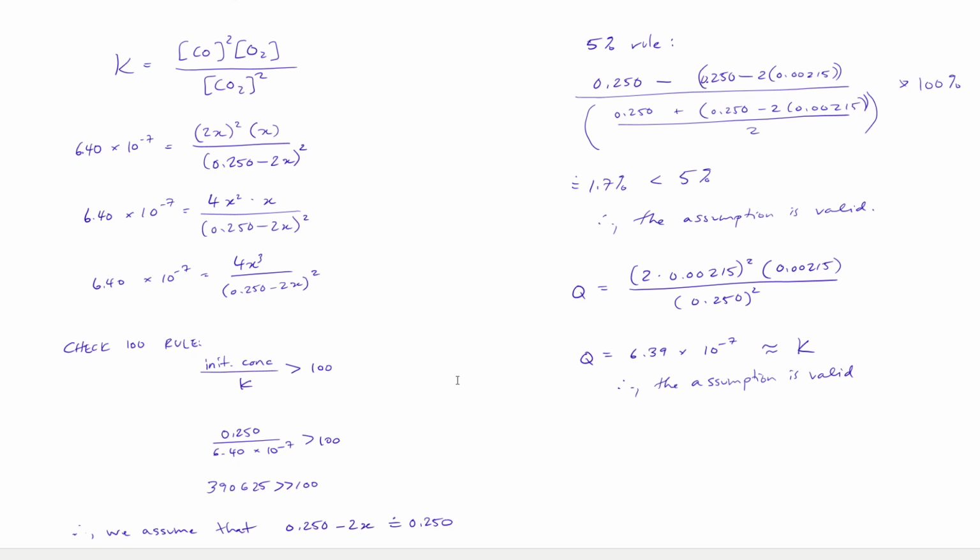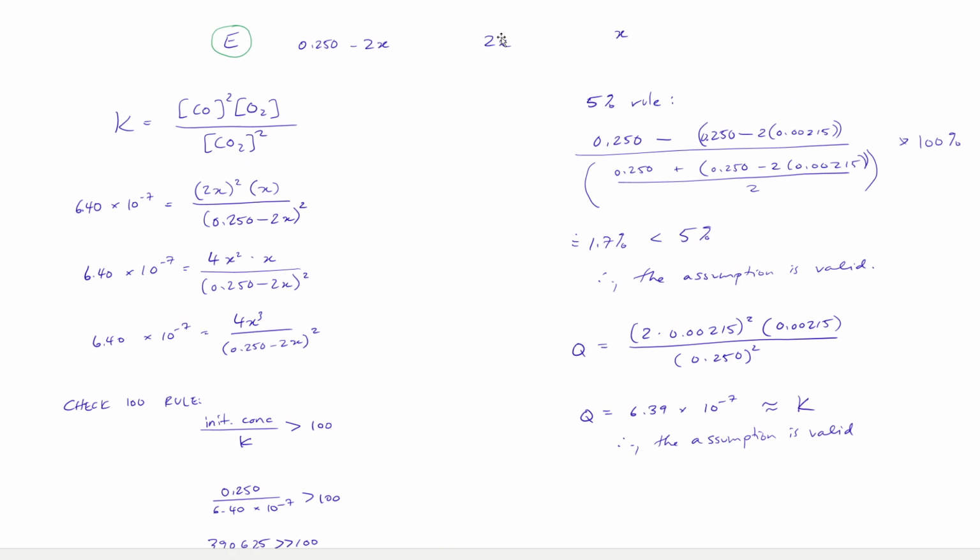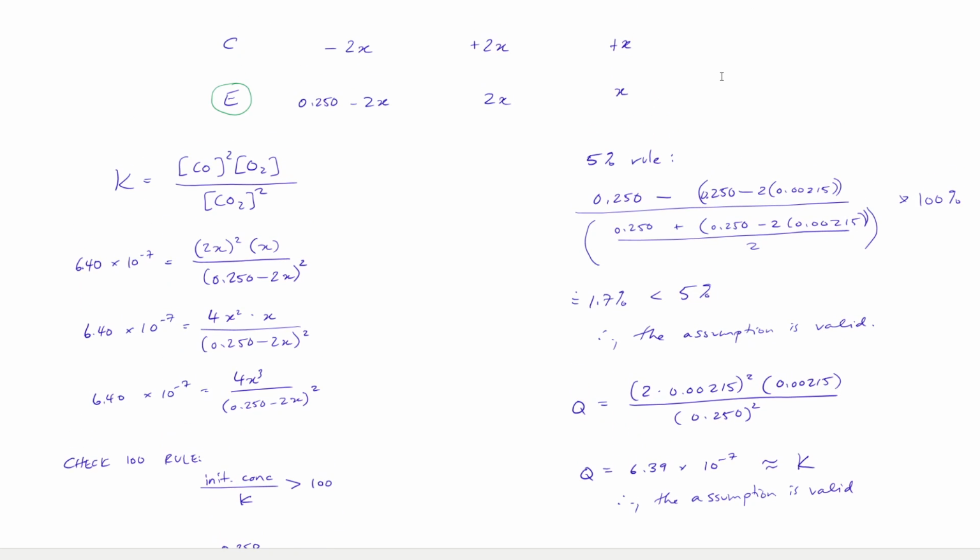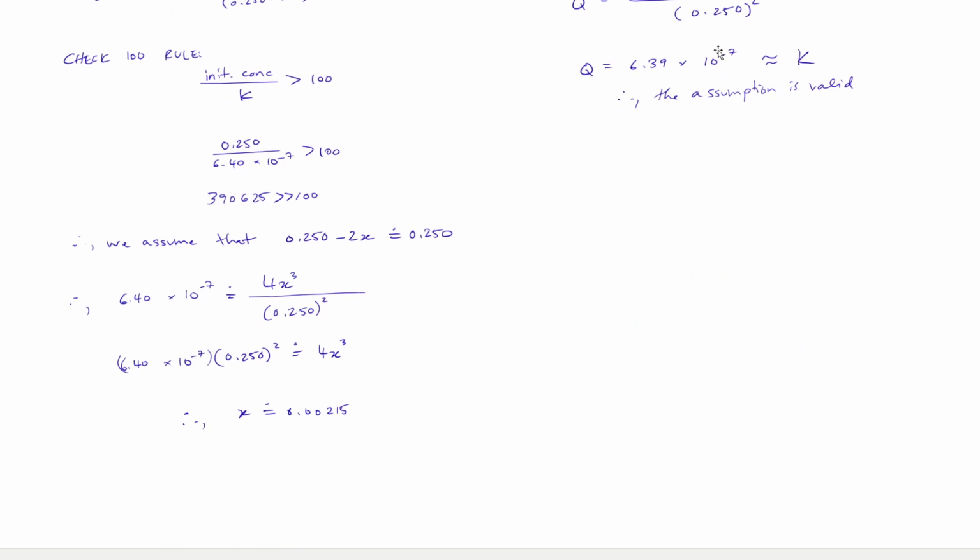So at equilibrium, now this is my final answer, I can now insert the value of x into these equilibrium expressions here and find out what the equilibrium concentrations are. So I'll write at equilibrium, remember, I can assume that the concentration of CO2 gas is approximately equal to 0.250.